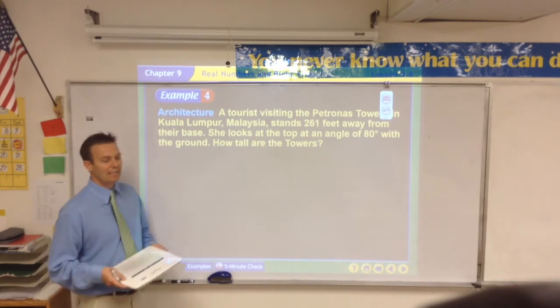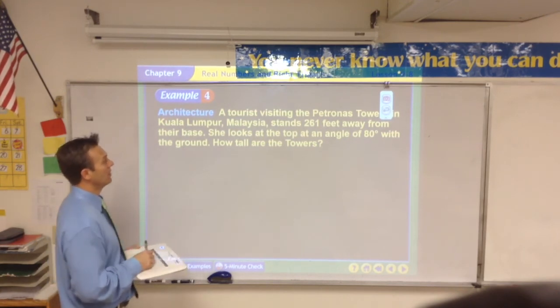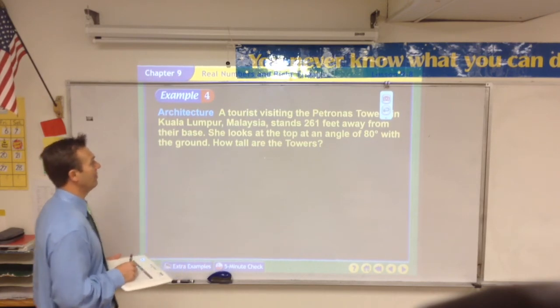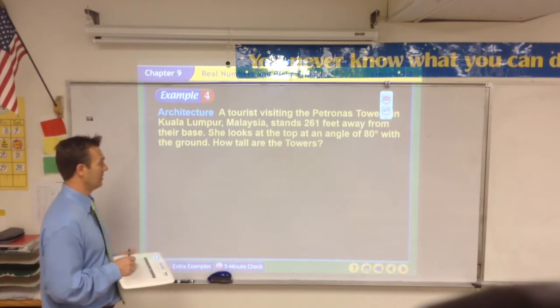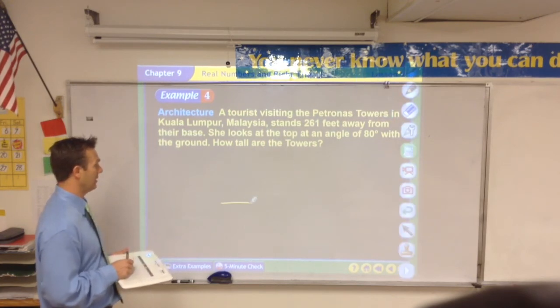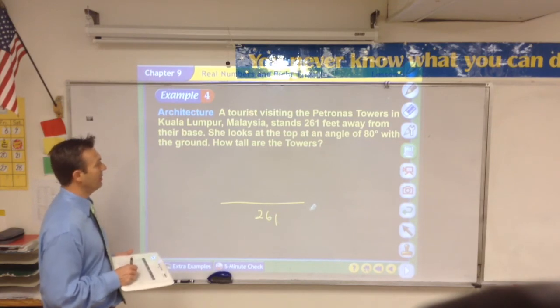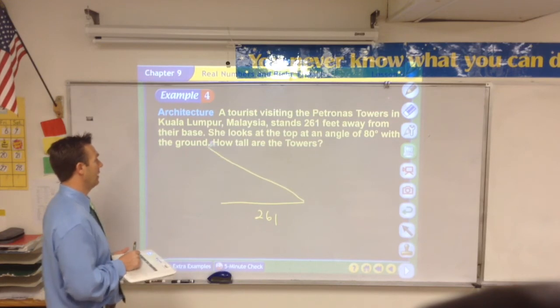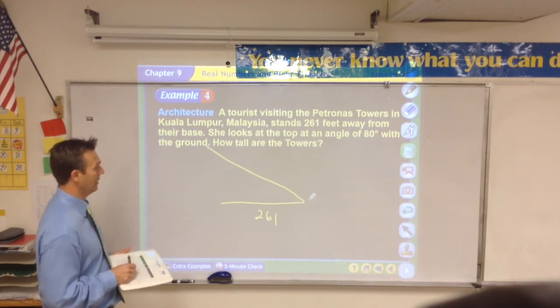Again, a good idea to draw a picture. It says she stands 261 feet away from the base. So if I was going to draw a base, I know that she's standing way over here, 261 feet away from the base, and she's looking up.